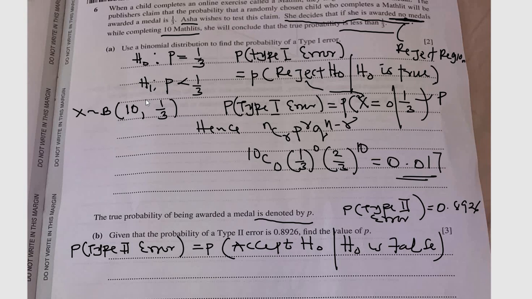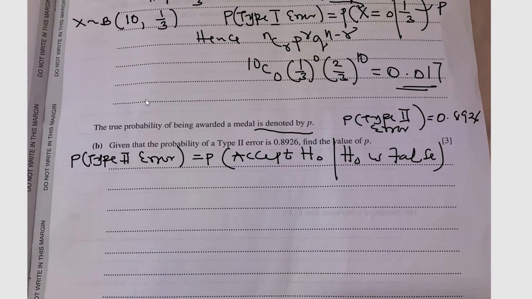The rejection region is when X is 0, so the acceptance region will be when X is greater than 0, opposite of rejection. And in this case, when H0 is false.